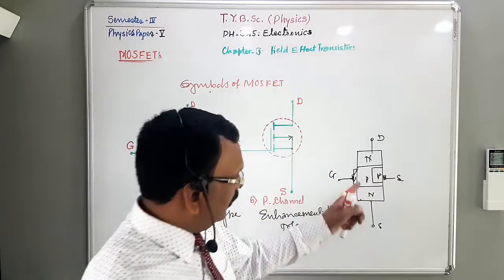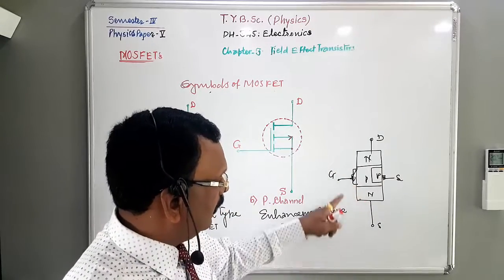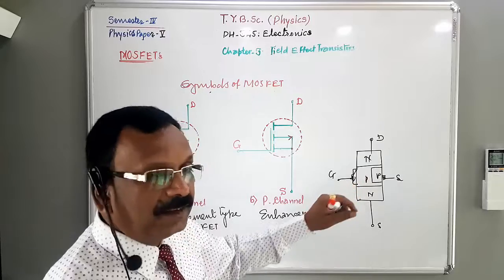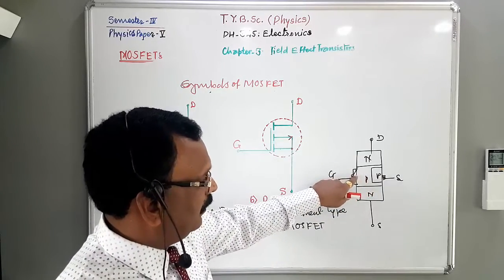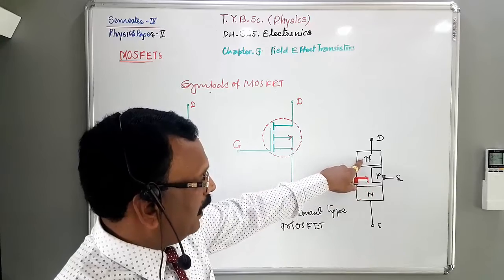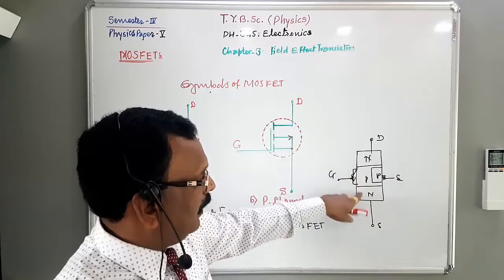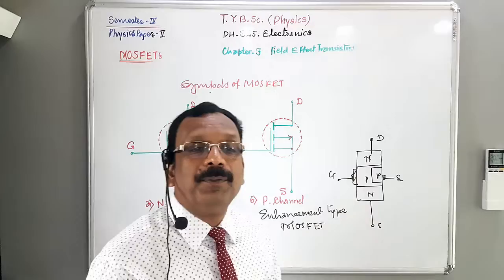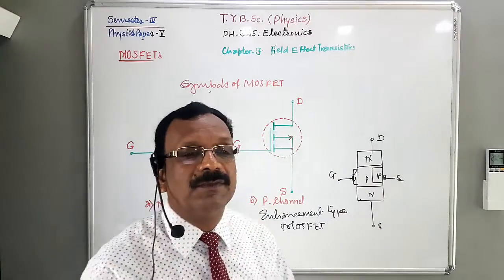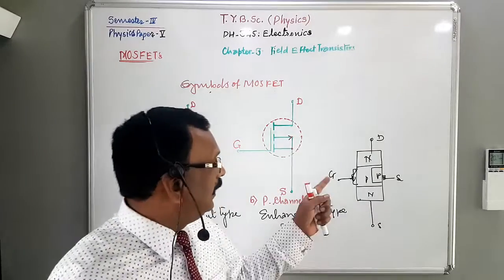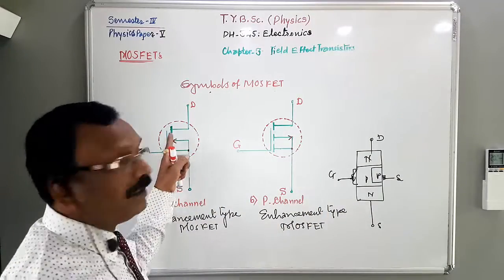See here, as there is a P type substrate, a thin layer of P type substrate is constructed here, and hence these two N type layers are separated from each other, and hence there is no channel. And this is indicated in both the figures by this dotted line.